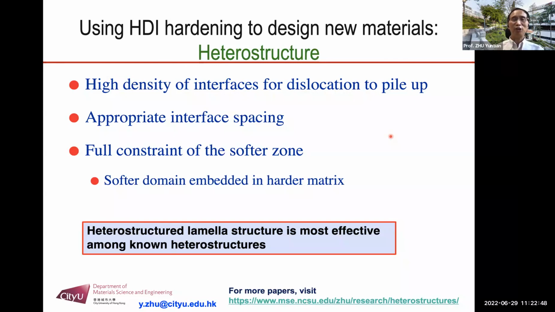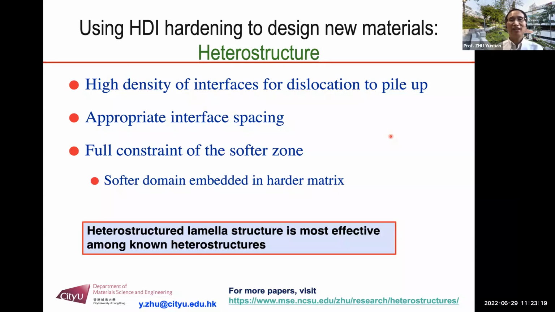Because of that, you'd like to have high interface and zone boundary densities. Then with that concept, you can design the geometry of the soft zone and the size of the soft zone, as well as the distribution of soft zones.